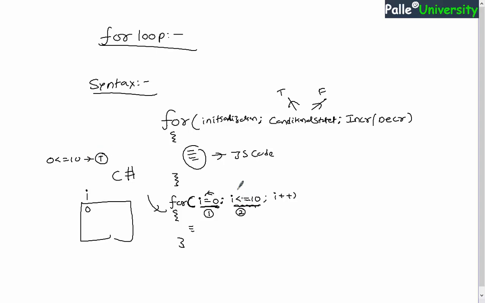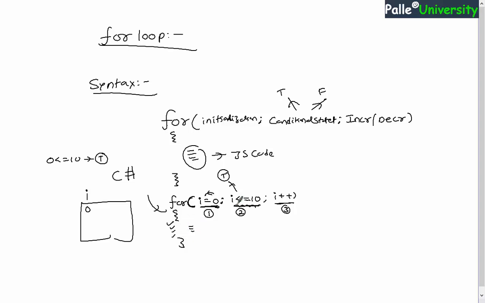So whenever this expression becomes true, execution will come into the for loop body. After execution of the body, this third statement will be executed. You don't need to bother about the body.